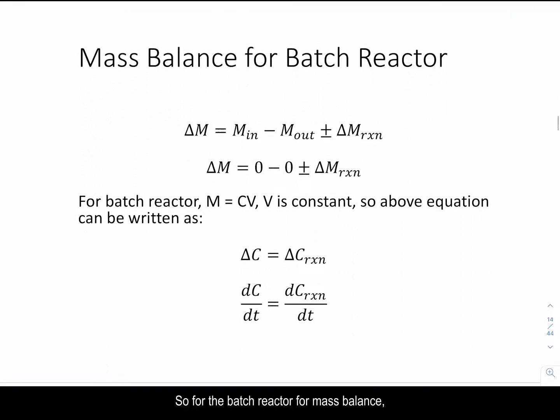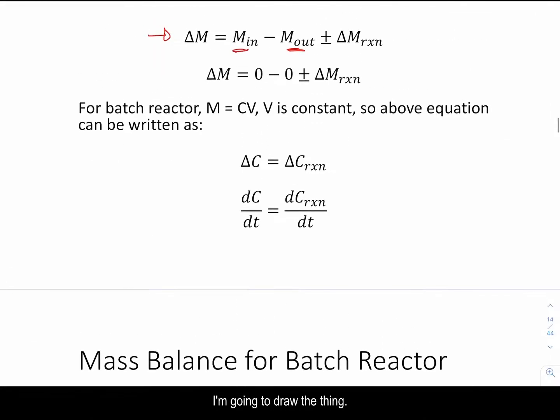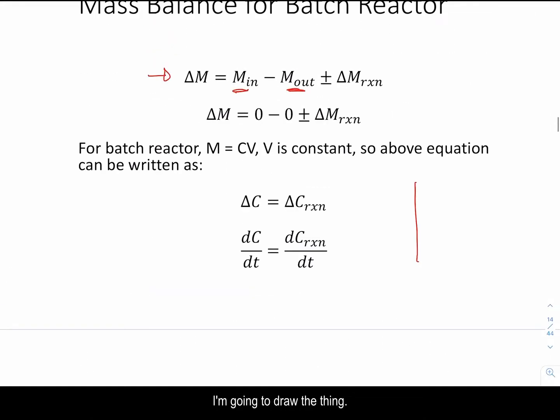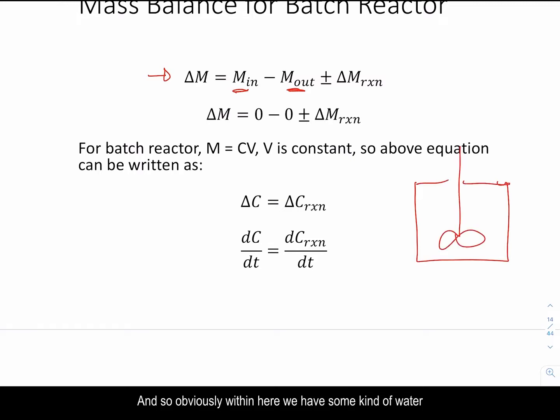So for the batch reactor, we'll start with the mass balance for now. Okay, and then we'll see whether we have any kind of input and output in terms of the mass. And here, let's think about it in terms of this batch concentration, right? I'm going to draw the thing. Okay, and so obviously within here we have some kind of water, right?